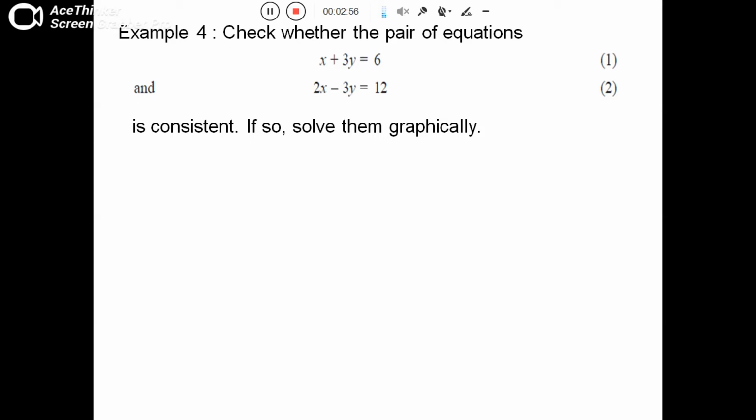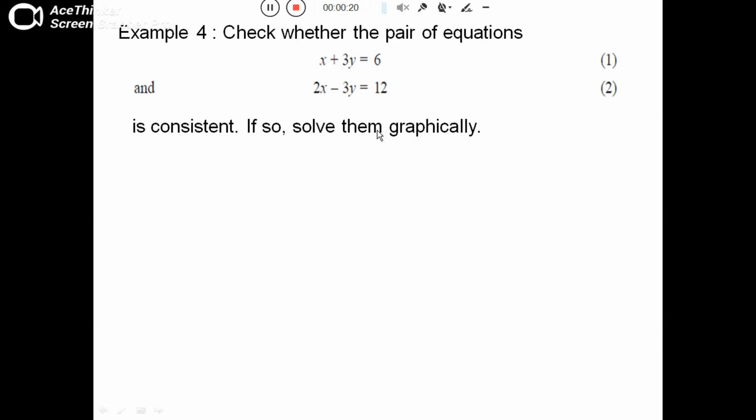Children, let us see the coefficients first. From the first equation, the coefficient of x is 1, so a1 is 1, b1 is plus 3 and c1 is minus 6. From the second equation, a2 is 2, b2 is minus 3 and c2 is minus 12.